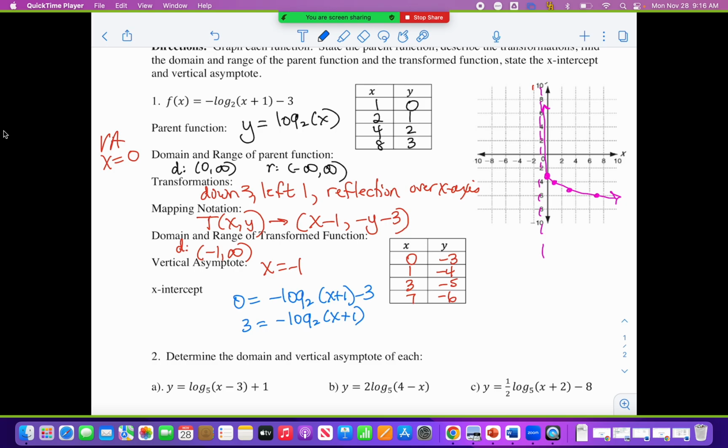We can figure it out. All right, so I'm going to divide by the negative 1. And then all you do is go to exponential form. That's 1/8. Oh, that wasn't too bad. If I subtract 1, that's negative 7/8.